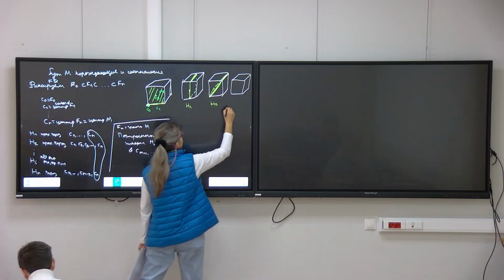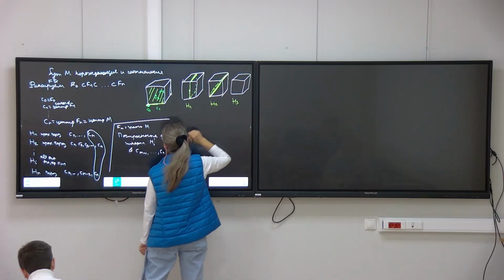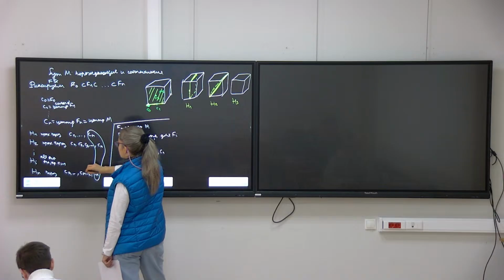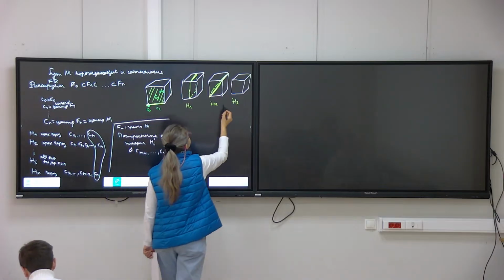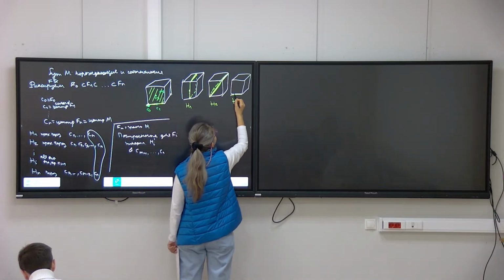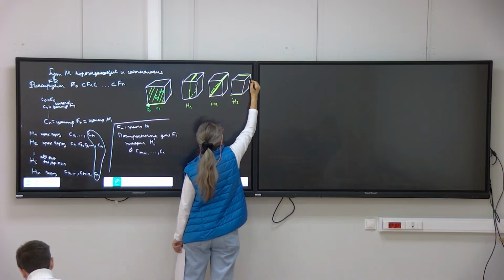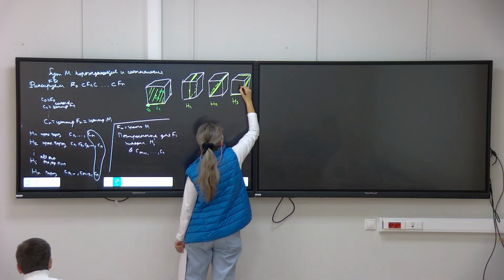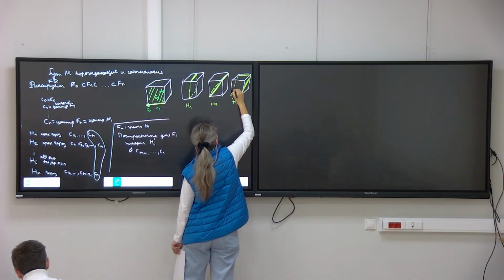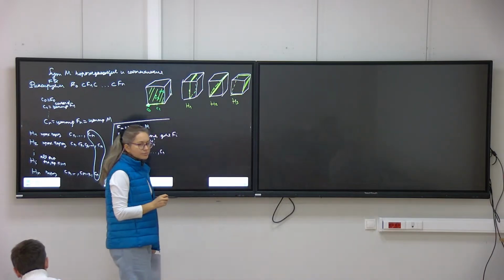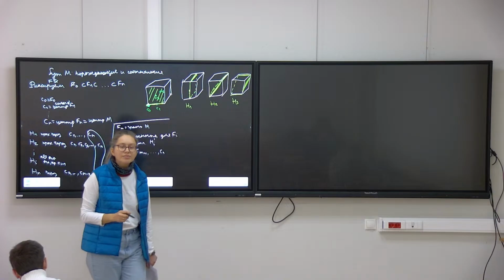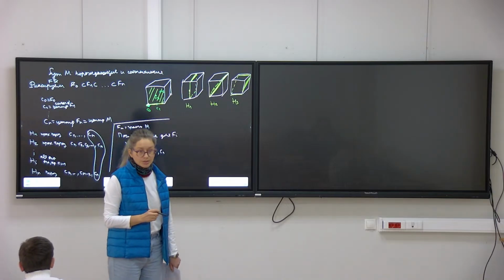And now what about H3? H3 is 0 to 1. So this stuff, clearly this one, and this one. Again something rectangular.